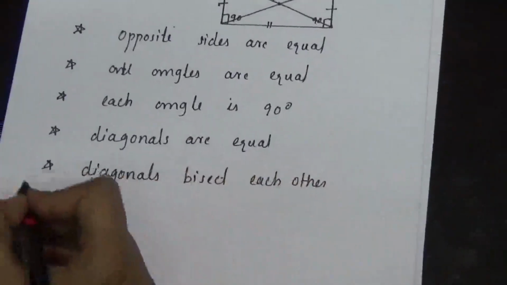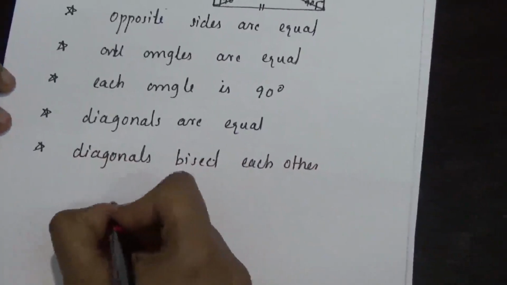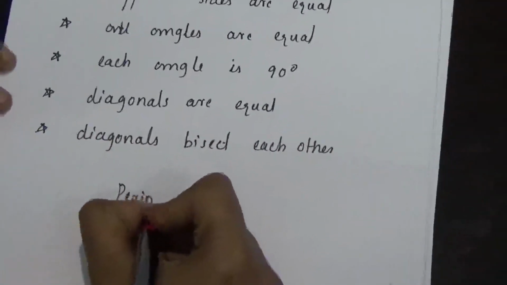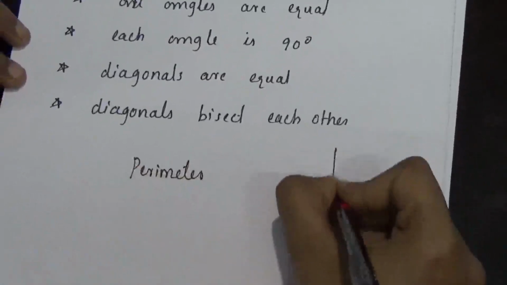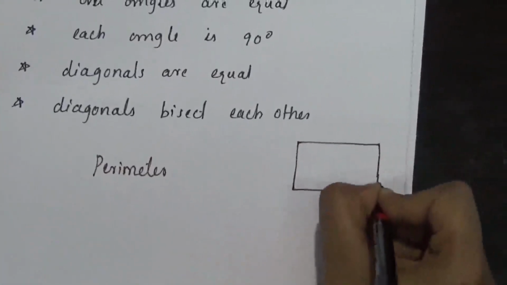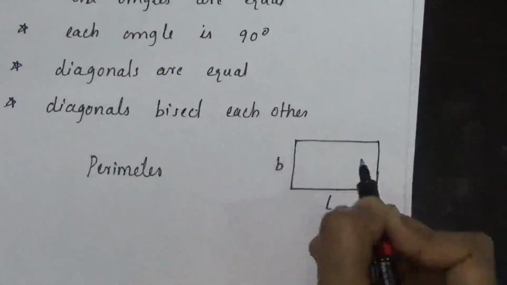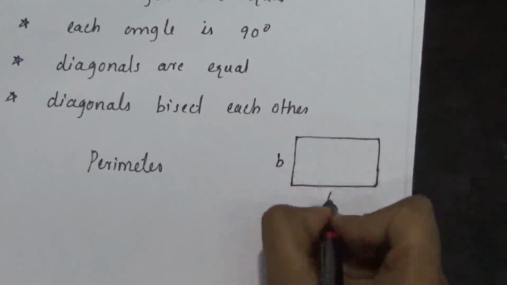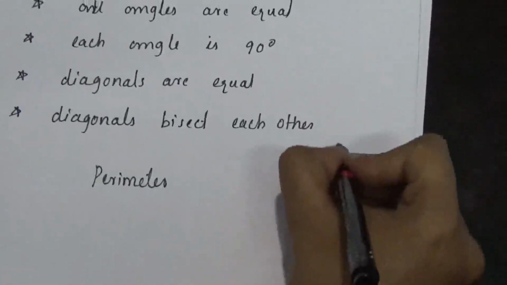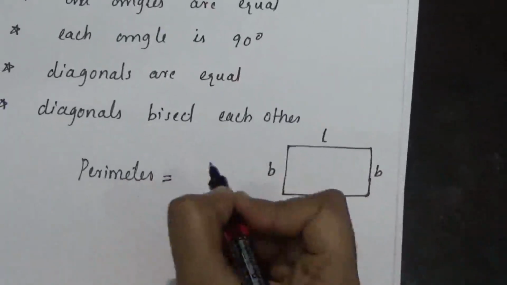In the case of a square, diagonals are perpendicular bisectors of each other. Okay. And about the perimeter, this is a rectangle. We know that opposite sides are equal. The longer side is called length, the shorter side is breadth. So if this is L, this is also L, this is B. So what is perimeter then?